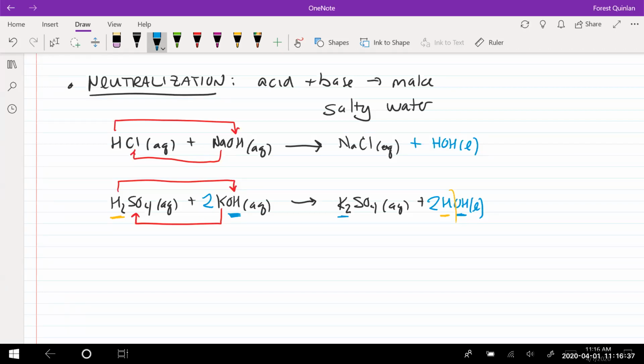Would that be different if it was a chemical reaction? This is a chemical reaction. So your question is, why don't you see this as a chemical reaction?